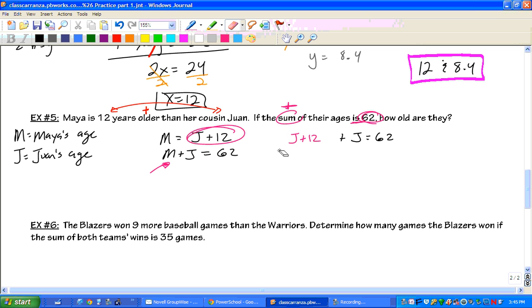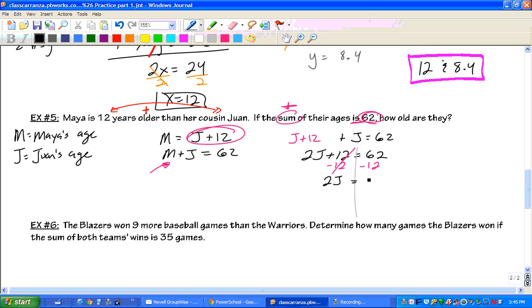Okay? And there's nothing to distribute, so we can start getting into combining like terms. So we would have 2j plus 12 equals 62. And then you just go through and solve it. Okay? This is nothing new that we're doing right here.